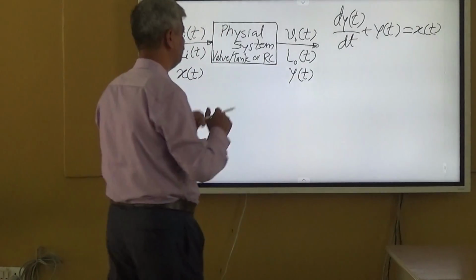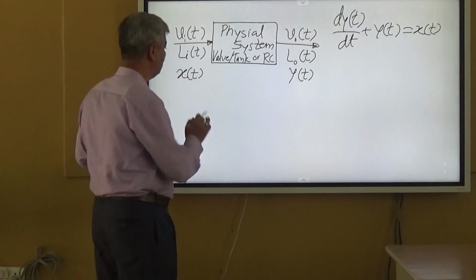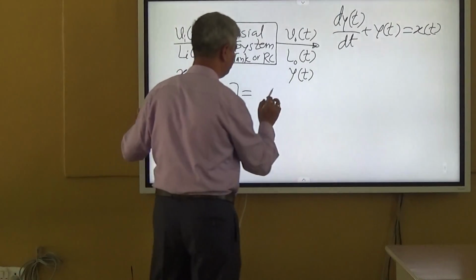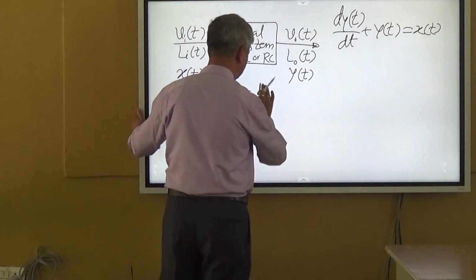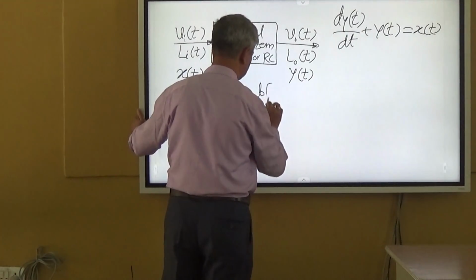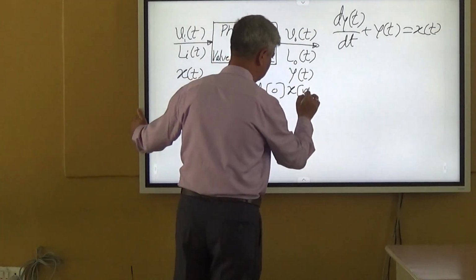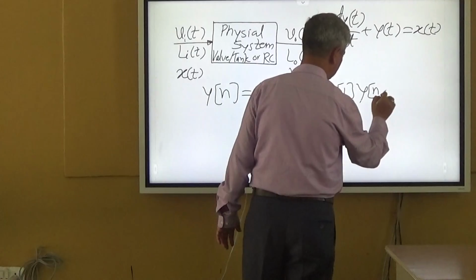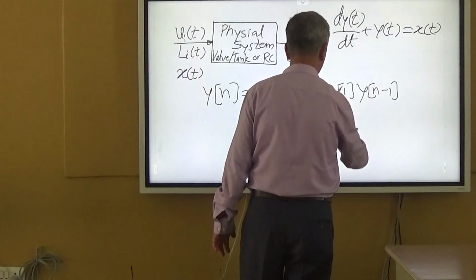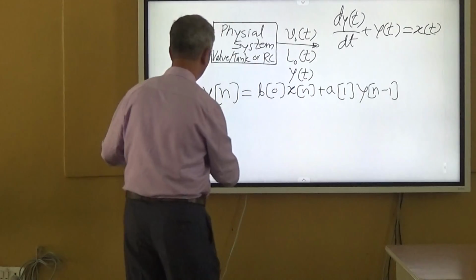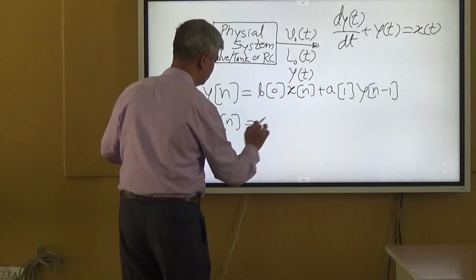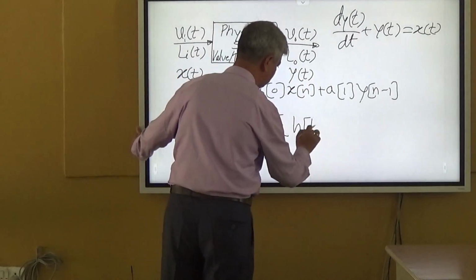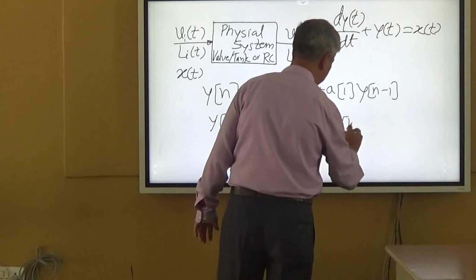So at least by converting into a difference equation, you get a feel, and y[n] is equal to, as we discussed, b0 or b1 constant times x[n] plus a1 some other constant times y[n-1]. This we want to convert into y[n] is equal to summation k equal to 0 to infinity h[k] x[n-k].